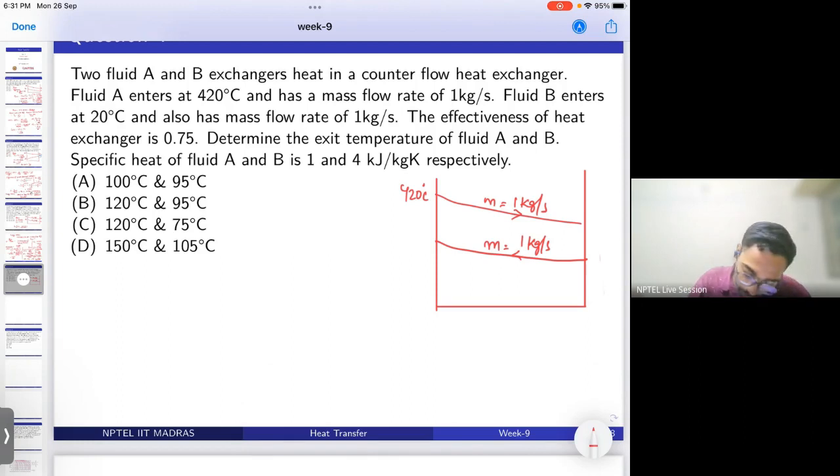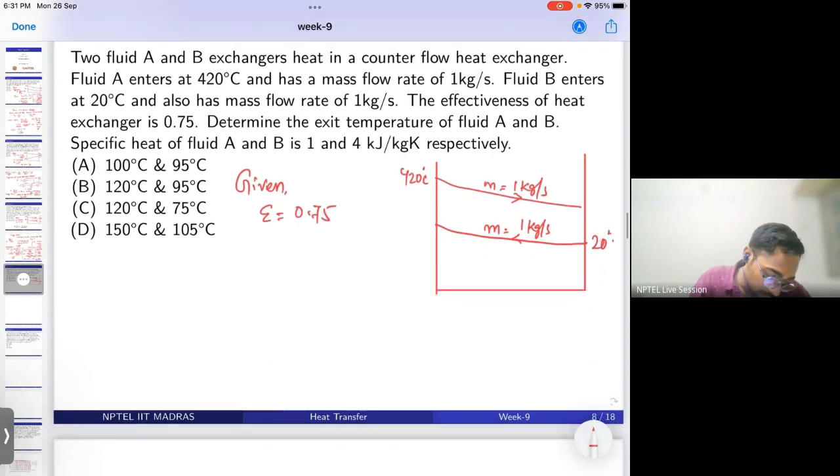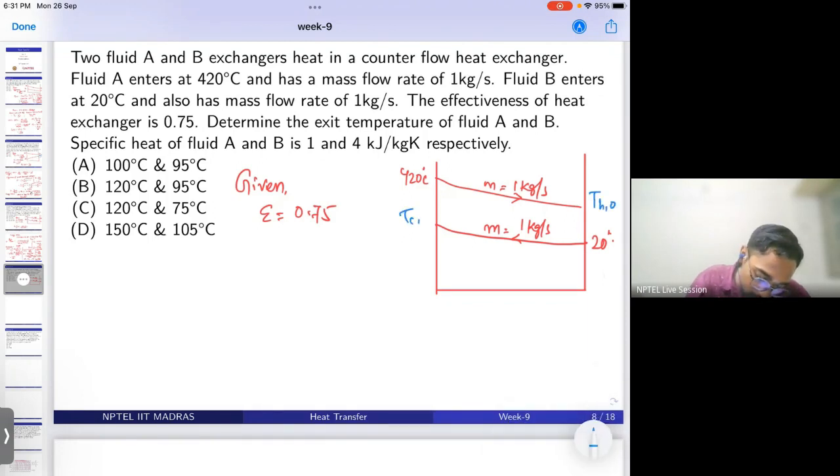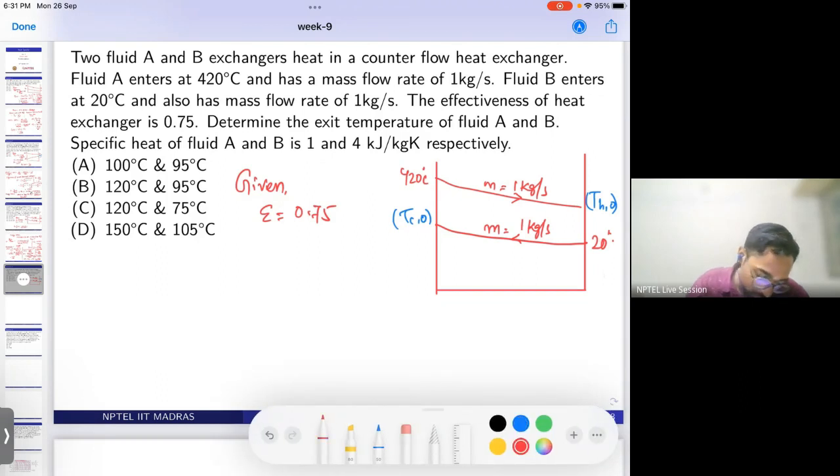Both have the same mass flow rate. So the CP values are also given, and the effectiveness value is given, that is 0.75. So THO and TCO are the two parameters we need to find out.